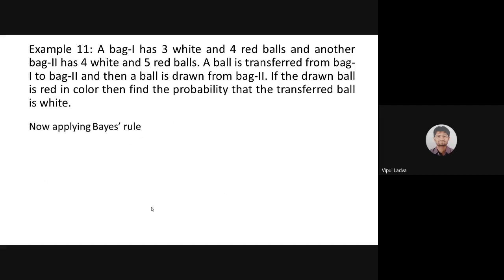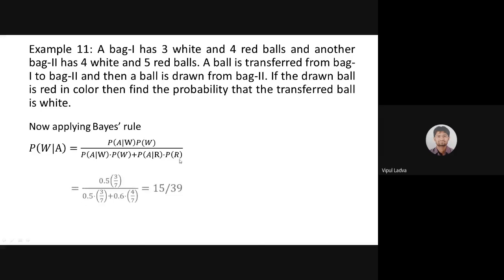So we will need Bayes' rule. As we know, W over A is A over W into P of W, divided by P of A. Now for P of A, we will need total probability, and we have all that information with us. We had already found all that, and the solution will be 15 by 39.